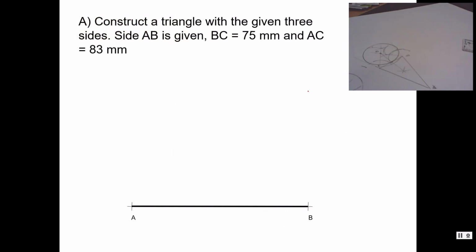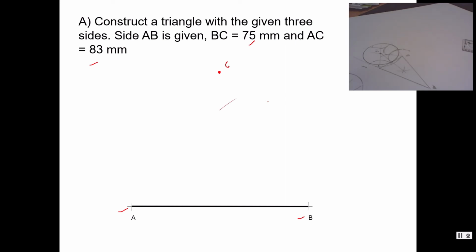The instruction: construct a triangle with the given 3 sides. Side AB is given. We're going to have a point C around here, in which BC should be 75 mm and AC should be 83 mm.